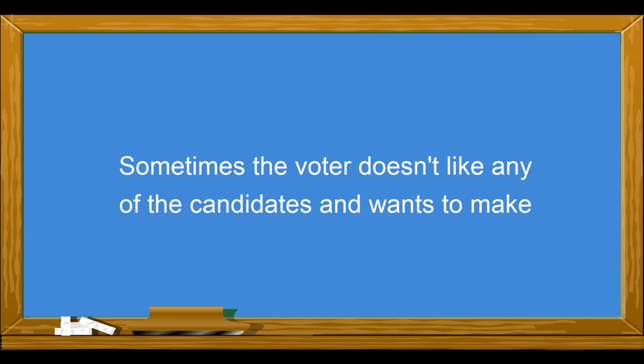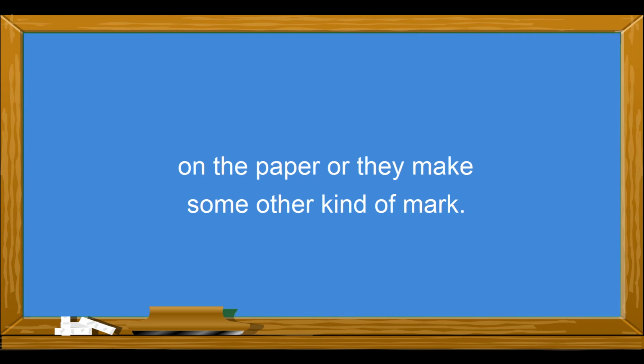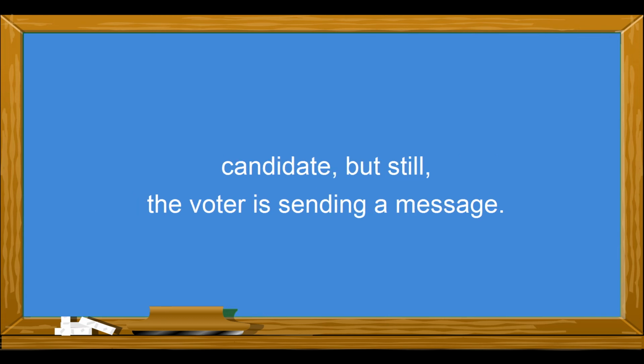Sometimes the voter doesn't like any of the candidates and wants to make a protest statement, so they don't write anything down on the paper, or they make some other kind of mark. We call that spoiling the ballot. And that ballot doesn't count towards any candidate, but still, the voter is sending a message.